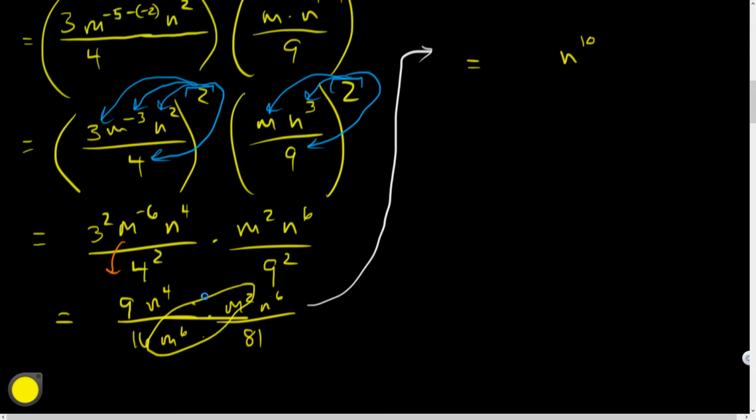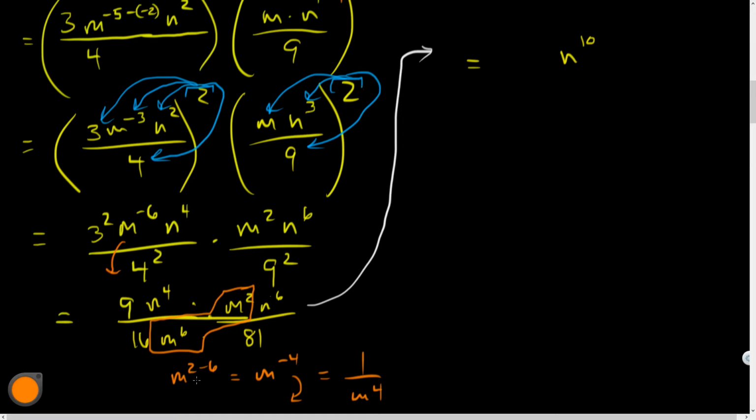Now, guys, I'm going to show you a shortcut for these m's here. Now, I could do m to the 2 minus 6 up top. That'll give me a negative, and I'll end up having to move it down to the bottom, right? So I could have written this as m to the 2 minus 6. I would end up with m to the negative 4, and then I'd move it downstairs, and I'd end up with 1 over m to the 4th.